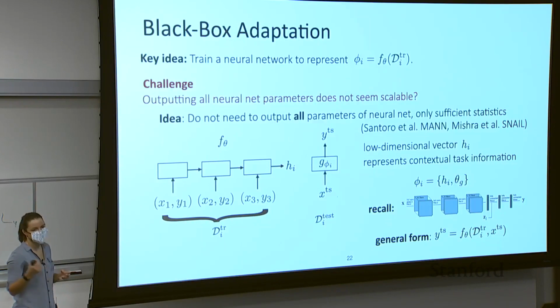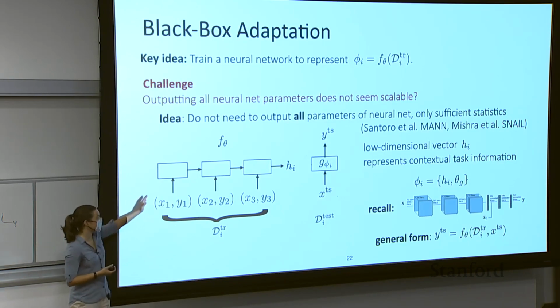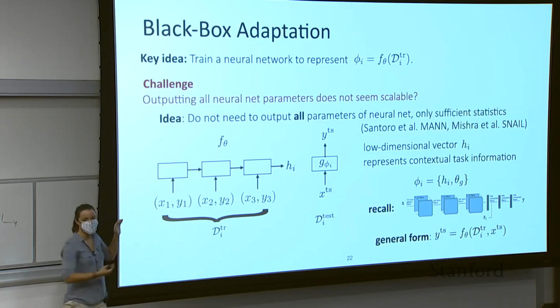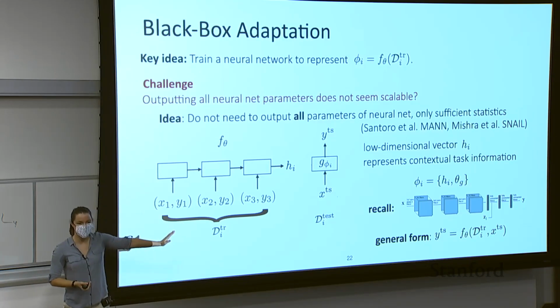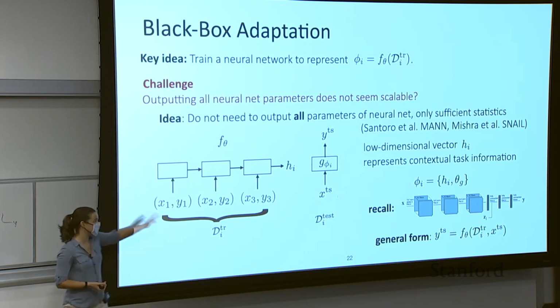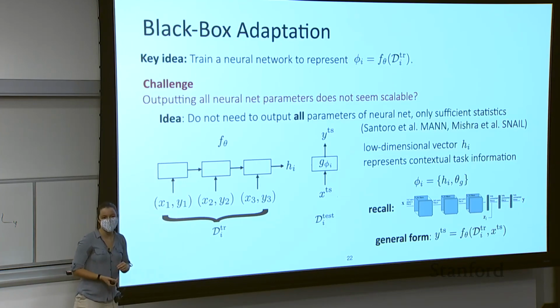Theta G might be something completely separate that's optimized alongside the parameters of F. It could also be shared with F. If you collapse these two things together, you can view it as a single recurrent neural network that shares all of its parameters, and h_i just corresponds to the recurrent state of that RNN.